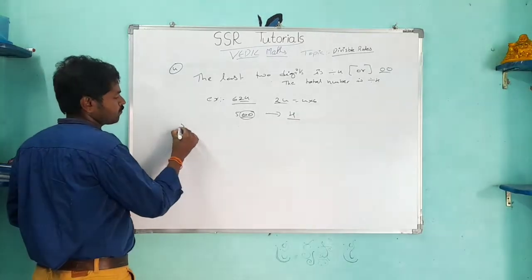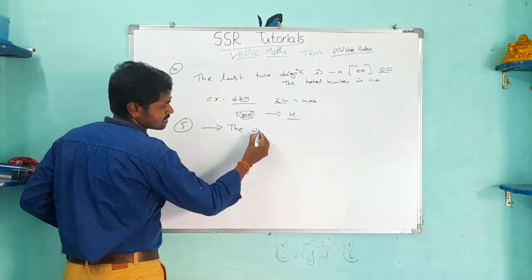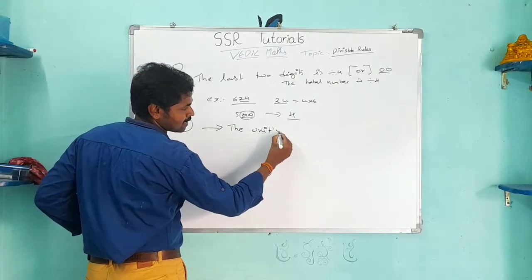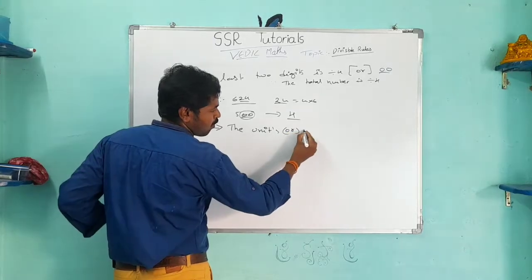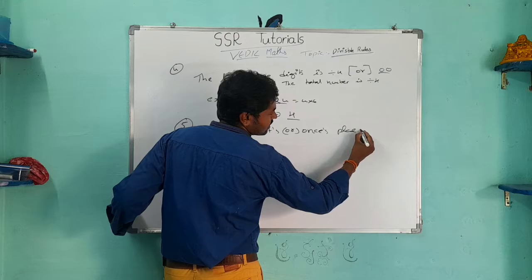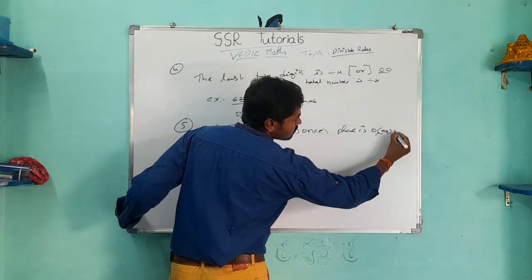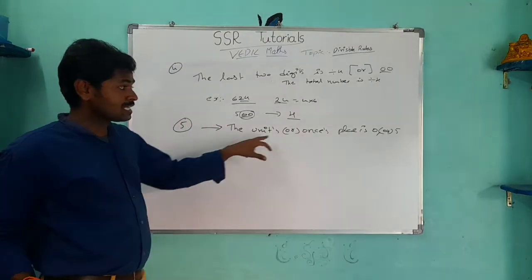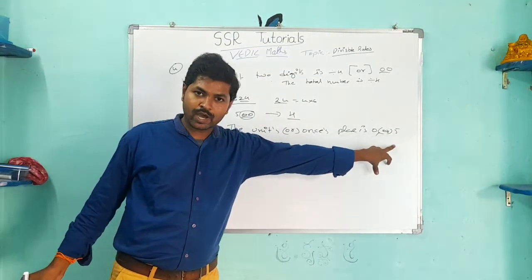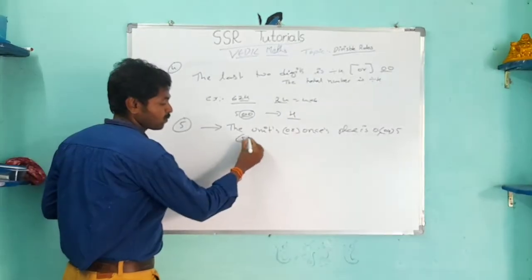Next, 5. Simply, the units place or ones place is 0 or 5. Then the total number is also divisible by 5.